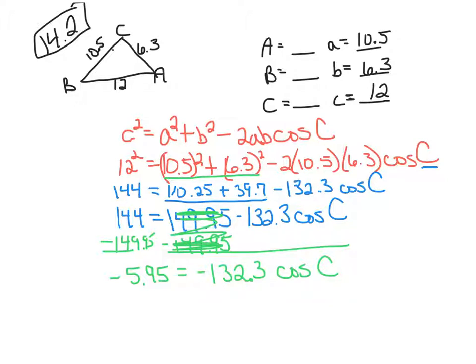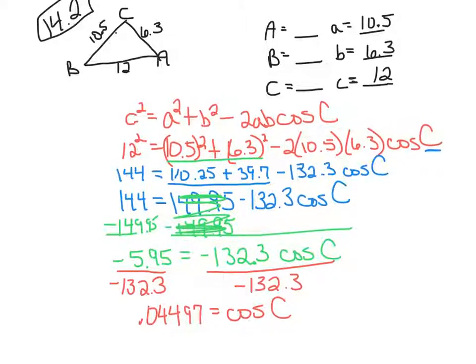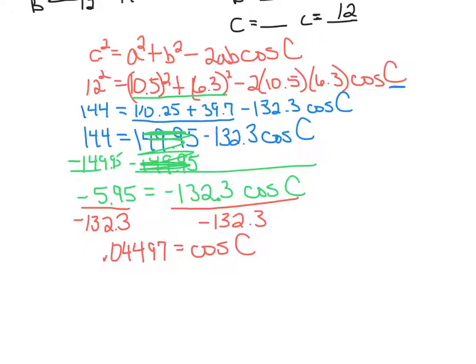Now, don't let the negatives make you nervous because they're going to cancel each other. So now I'm going to divide each side by negative 132.3, and I'm going to get 0.04497 equals cosine C. I need to move my paper up a little bit.